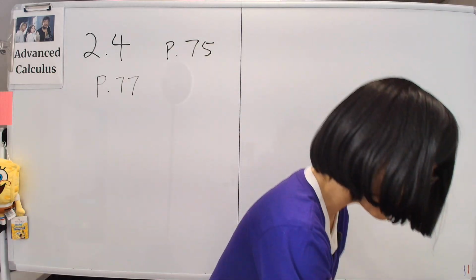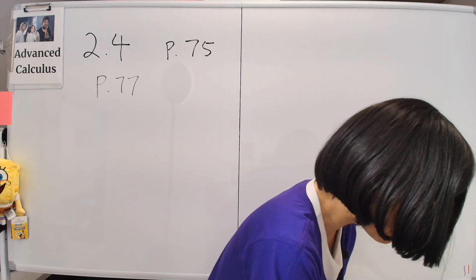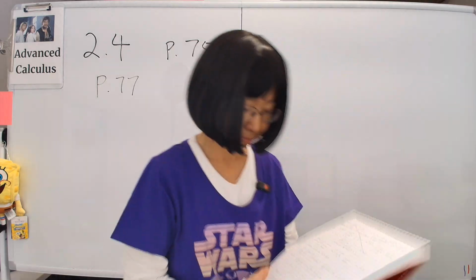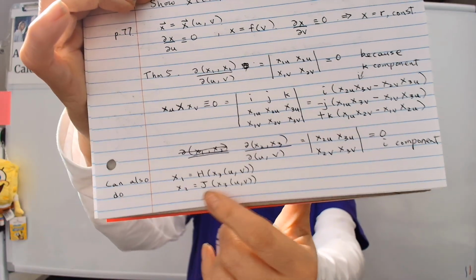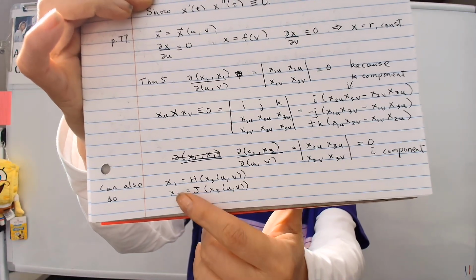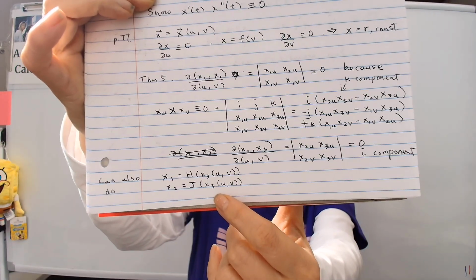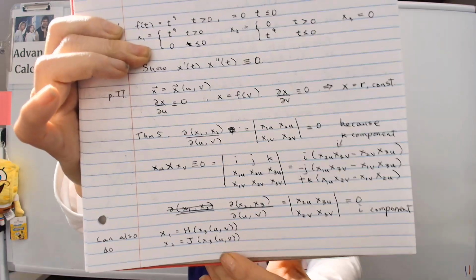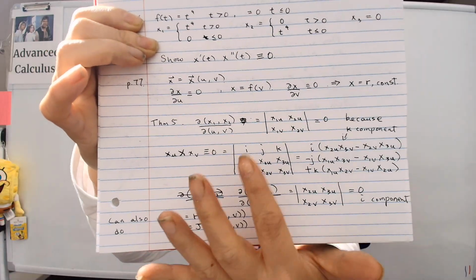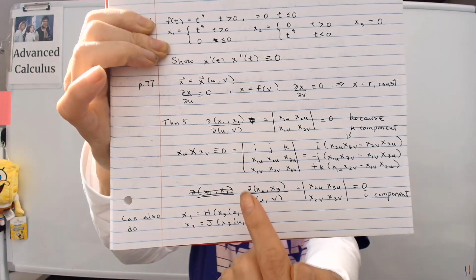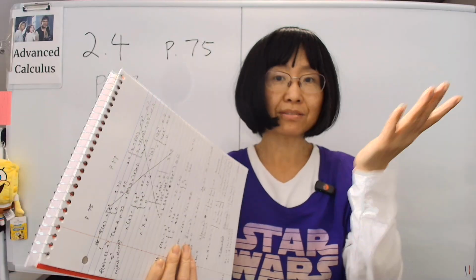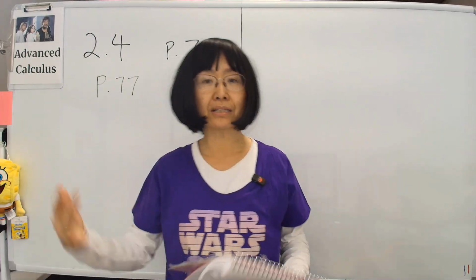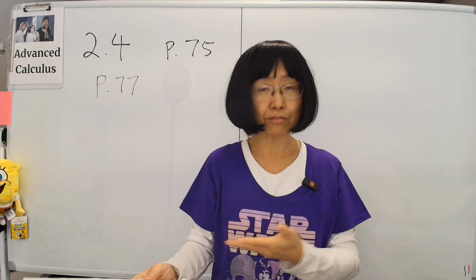Why? Because we can go through the same process just with different variables. We can, for example, say that x1 is a function of x3, and x2 is also a function of x3, which is similar to what we did before, where x1 was a function of x2 and x2 a function of x3 or something like that. We can just shift, but there was no reason to do that.